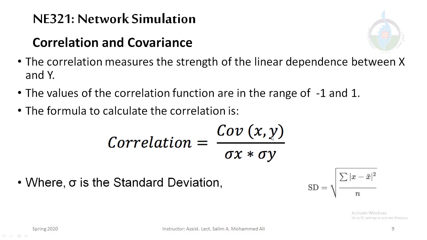Correlation is the covariance of x and y divided by the standard deviation of x multiplied by the standard deviation of y. The standard deviation is the summation of x squared, actually under the square root, of this value. This is the standard deviation.